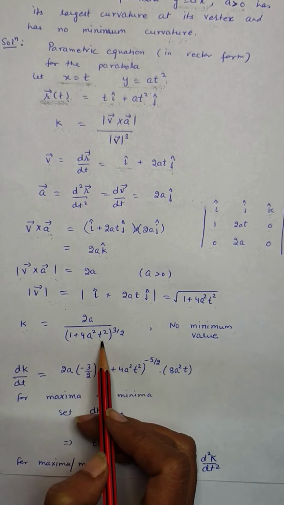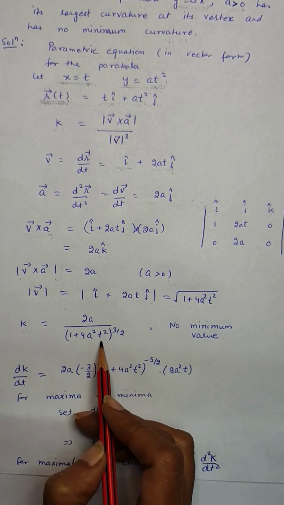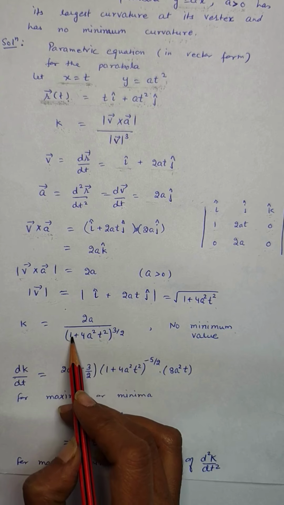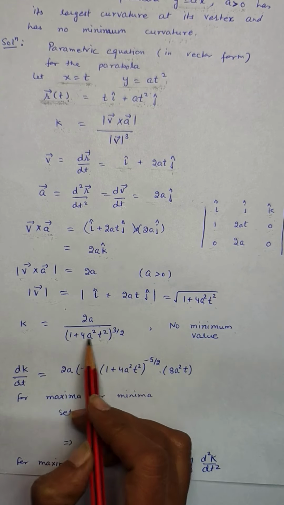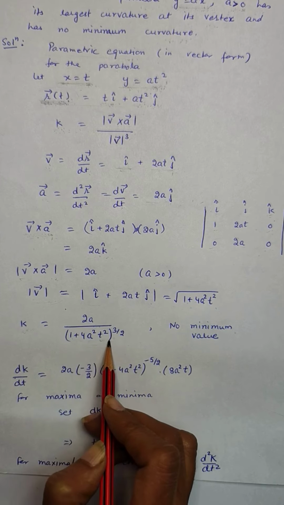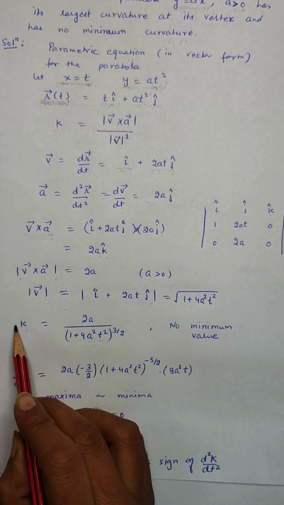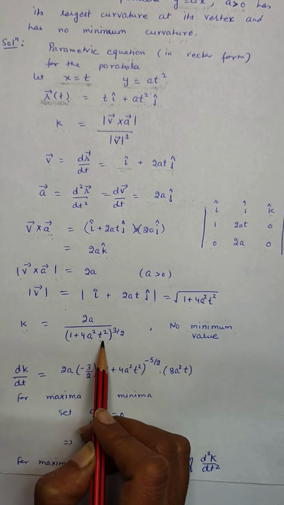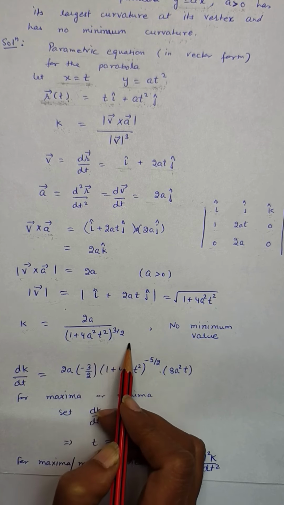Now t can take any value, positive, negative or 0. But we see that this term is positive, so we are adding something positive to 1. That means this number is always positive, and if we want to maximize 1 plus 4a squared t squared, then we need to increase the values of t.